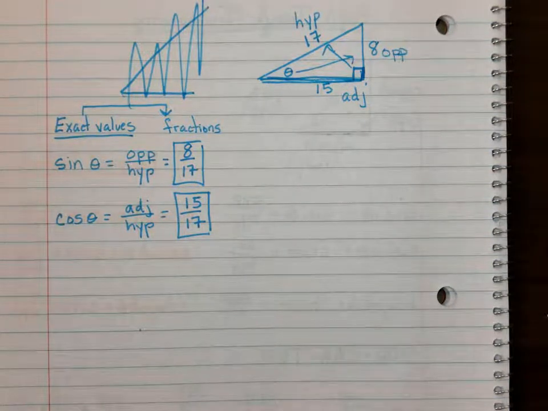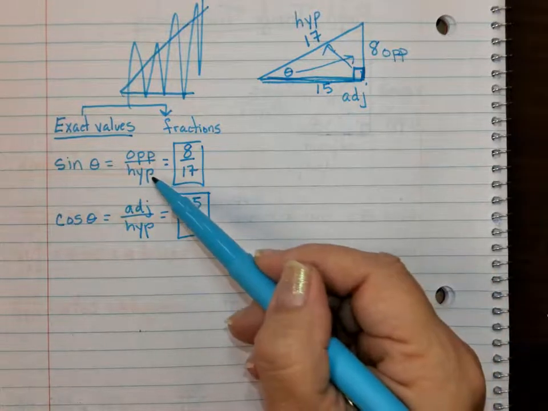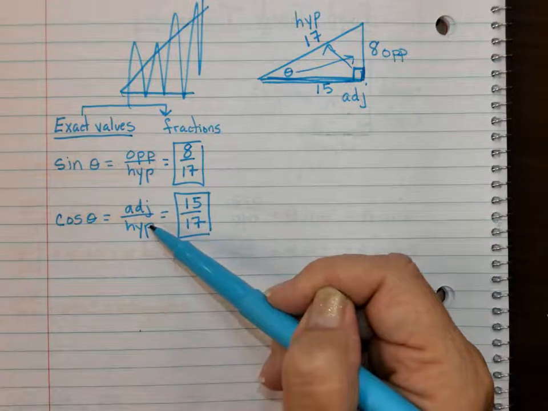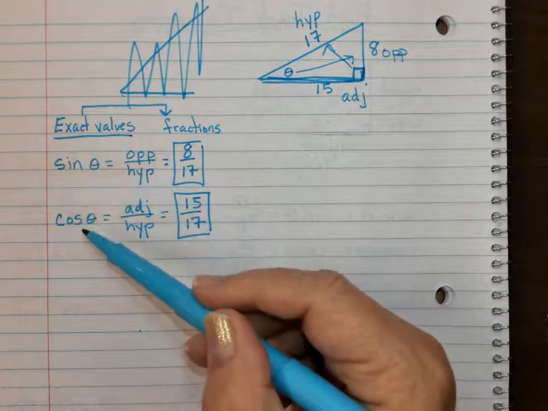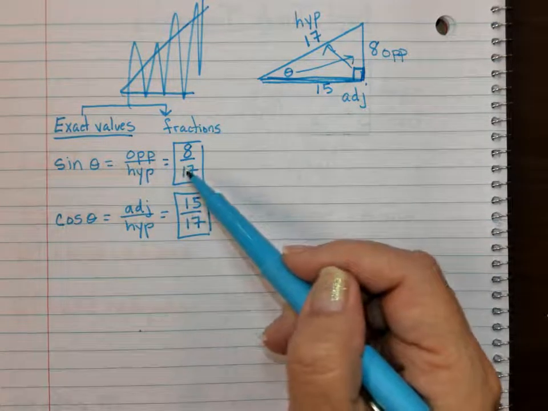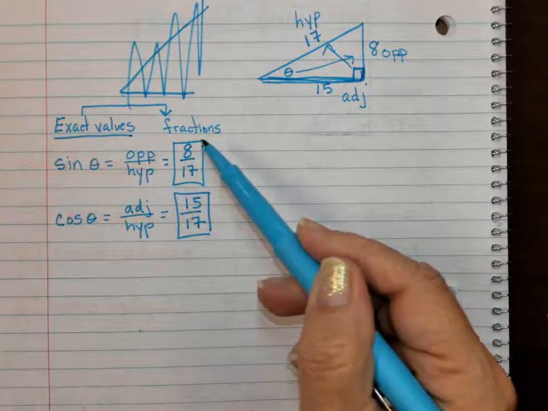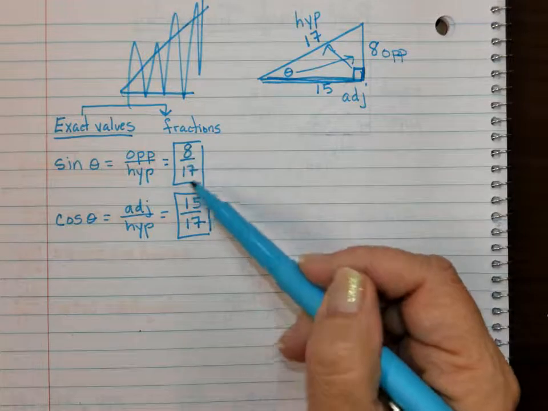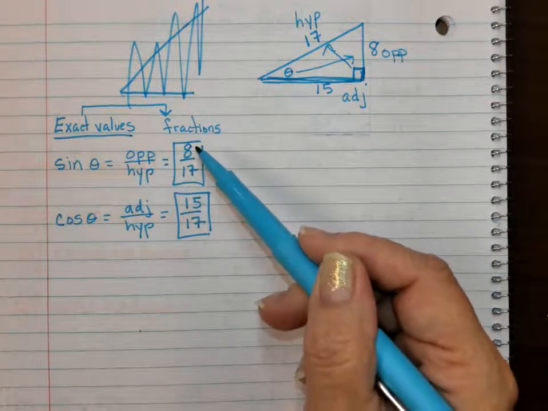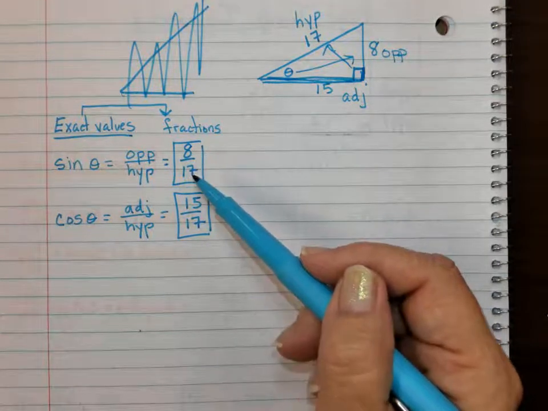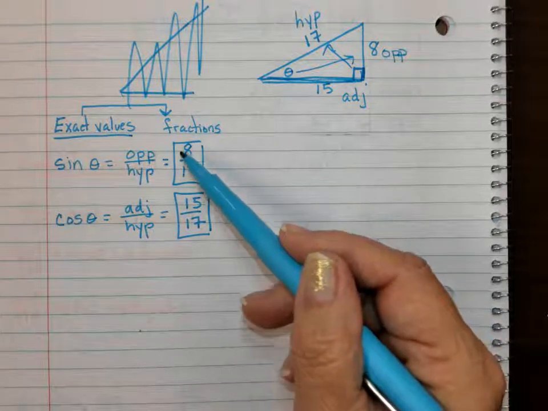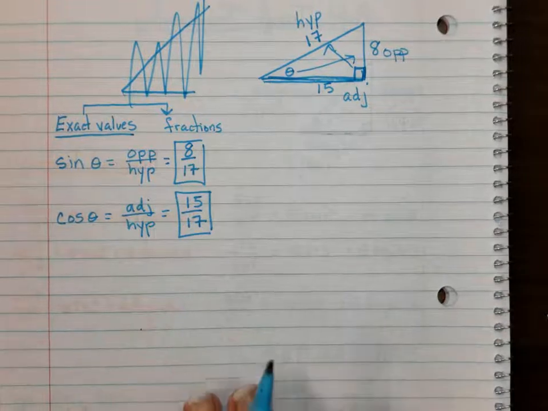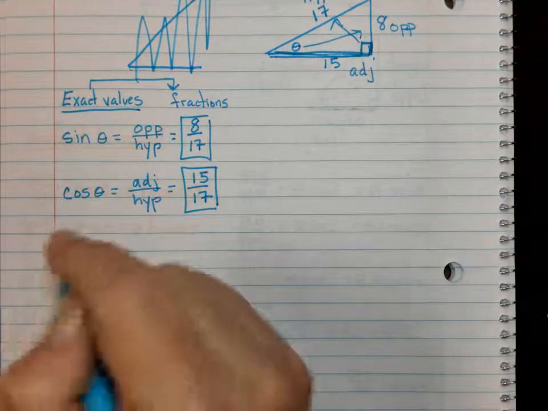Now let's make an observation here. Your hypotenuse is always your largest side, right? So when you have sine and cosine, you will always have a larger number in your denominator. Therefore, your value will always be less than 1. Because you're always going to have a smaller numerator and a larger denominator, so this number will be less than 1. It's going to be important as we continue working with this.